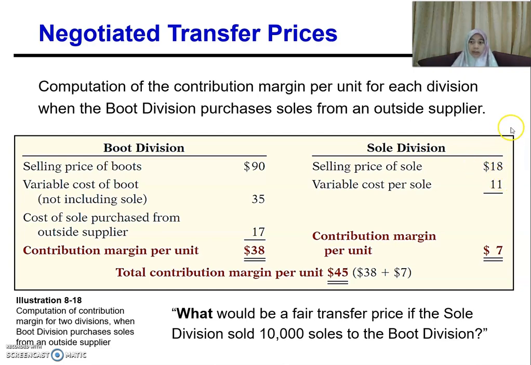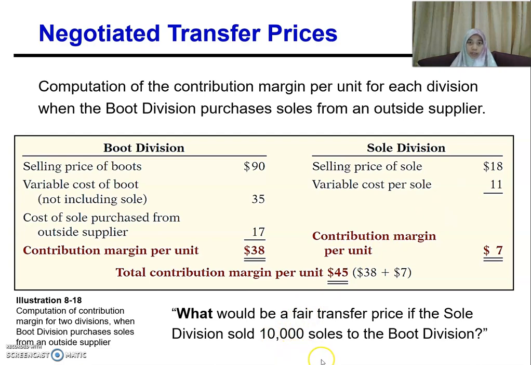You cannot sell this at 18 to the outsiders. How many units can I not sell to the outsider? I cannot sell 10,000 units, because the boot division demands my product, so the sole division cannot sell to the outside buyer.